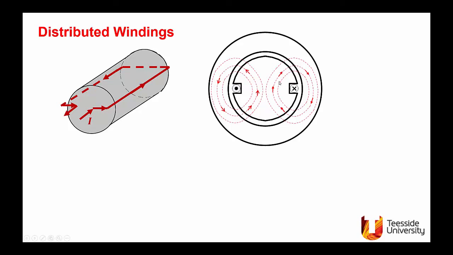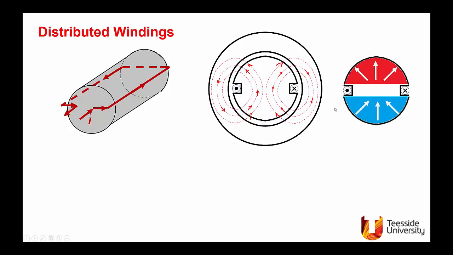If we look at the inner cylinder, the flux distribution, you find that the top half, the flux is going out of the surface. The bottom half, the flux is going into the surface. In other words, it will be something like this.